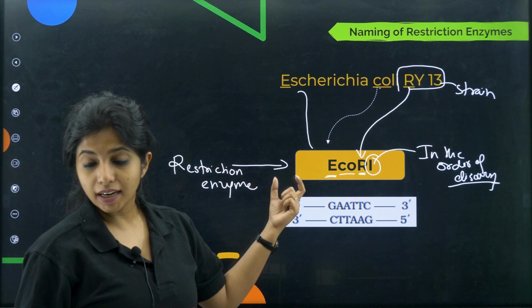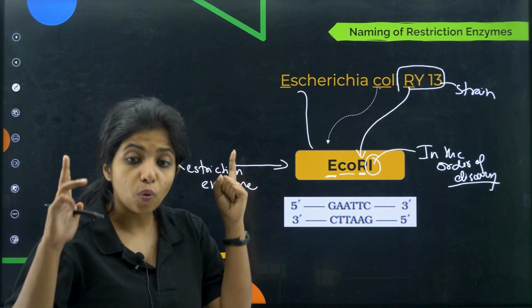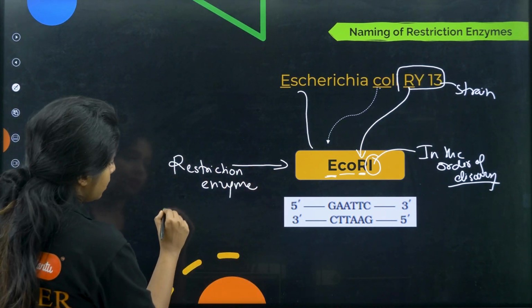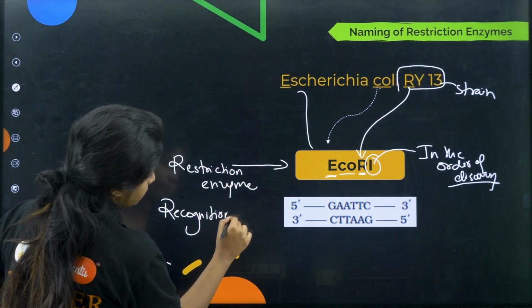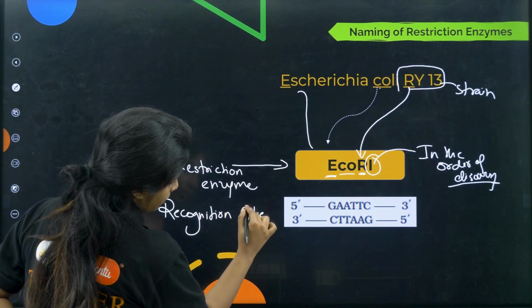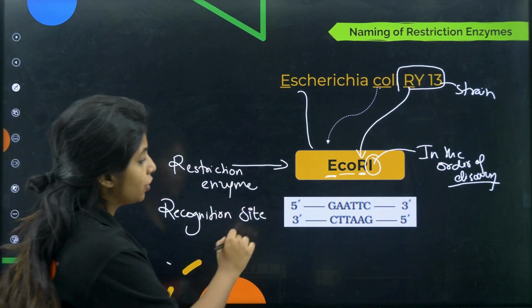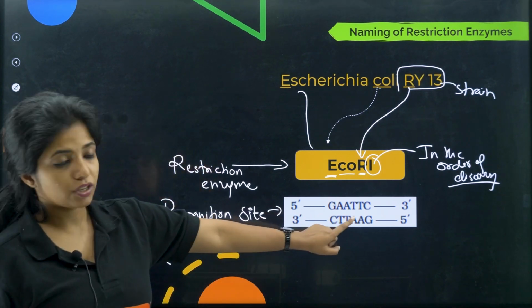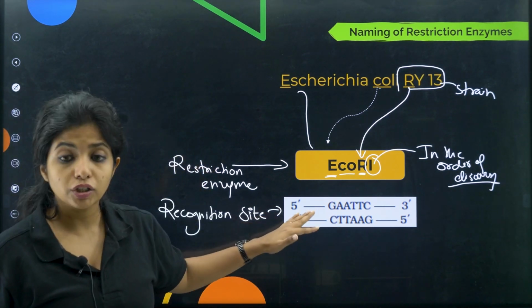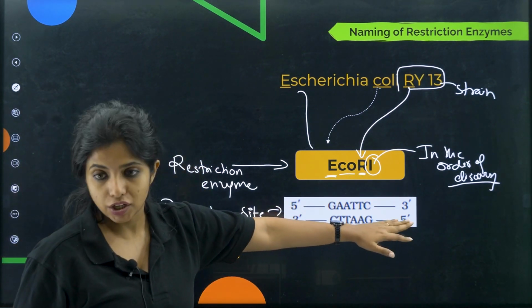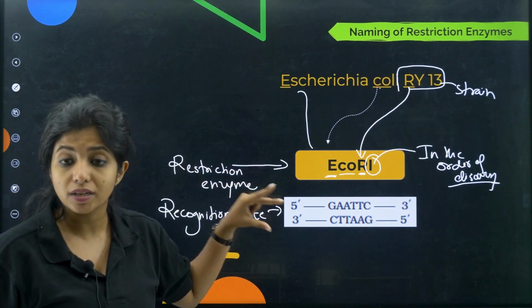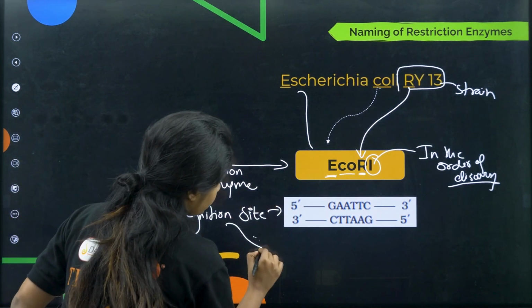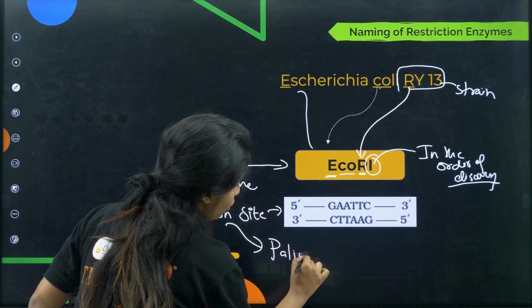Now I said that each enzyme has its own site, and you call this the recognition site. The recognition site of EcoRI is GAATTC, in the 5' to 3' direction. I say that this sequence is palindromic.